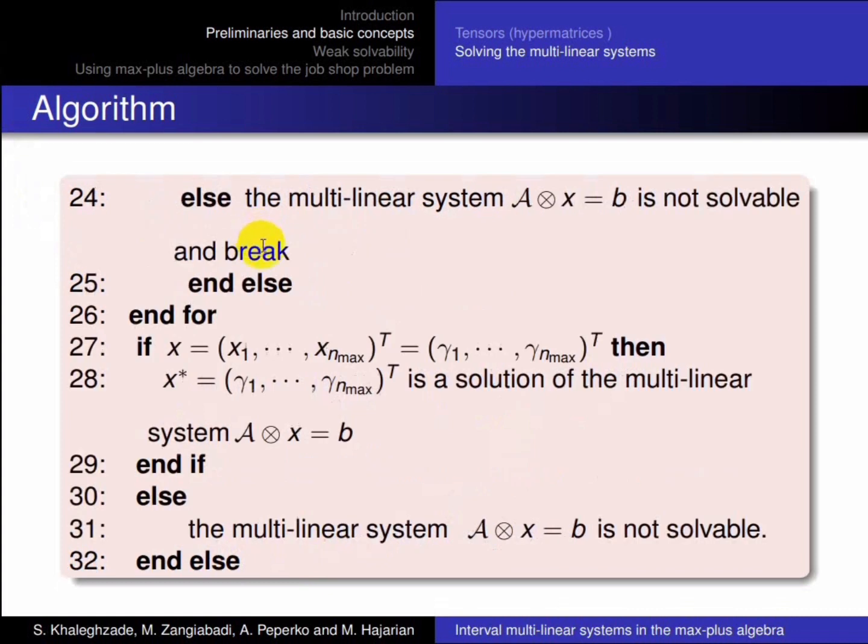Else, the multilinear system is not solvable. And we check in line 27 if this condition holds, then x star is a solution of the multilinear system, else the multilinear system is not solvable.